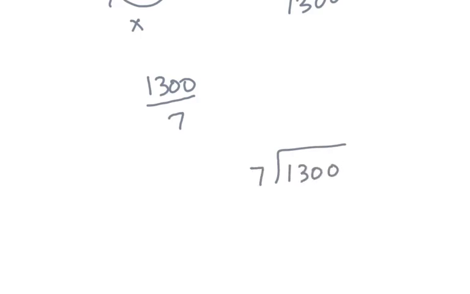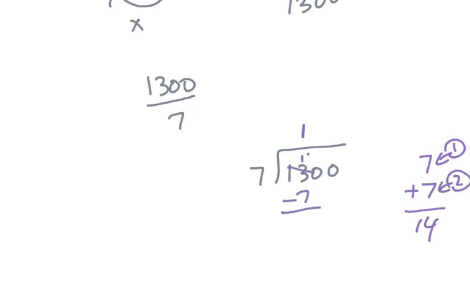So we know 7 goes into 13 one time. You know what? Let me just list the 7s here, and we get 14. So we know it goes in one time because at 2 we go bust. Here's 1. Here's 2. This is going to give me, I always love doing that, 13 minus 7, which is 6. We'll tack on the 0.